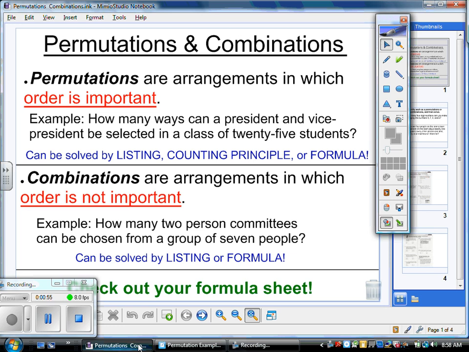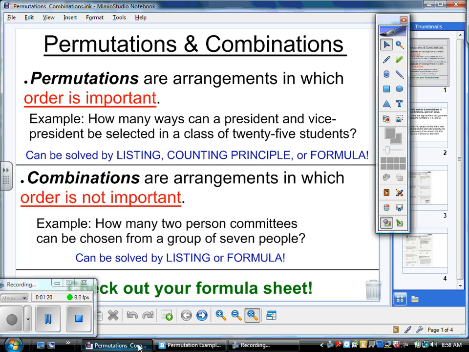Let's say I have Brian and Elizabeth, and Brian is president and vice president is Elizabeth. If I switch their names around, it is a new outcome because then Elizabeth ends up being president and Brian ends up being vice president. Therefore, in this problem, order is important and needs to be taken into consideration.